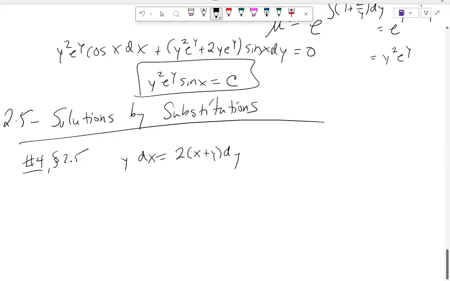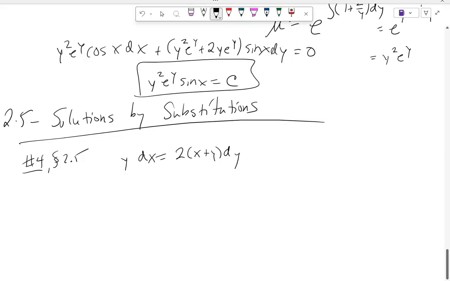Again, trying our different thoughts. Probably not separable because I've got an x plus y. Those are hard to separate from each other, right? When it's got a plus sign. Not linear because I would have a y times dy/dx, right? So not a linear differential equation either.